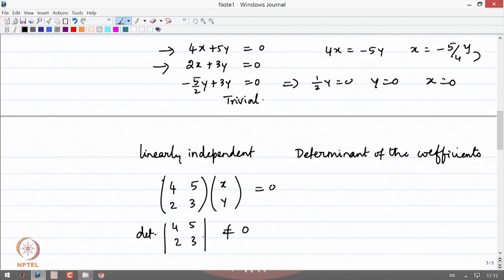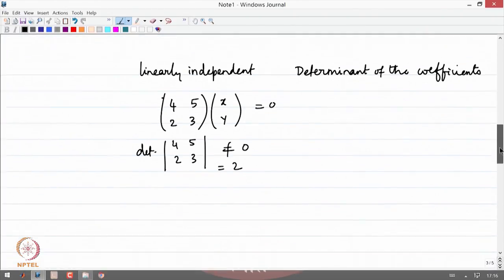It is 12 minus 10, which is equal to 2. Therefore, for a homogeneous system of coupled equations, if the determinant is not 0, such a system does not have a non-trivial solution, and the trivial solutions are not relevant.